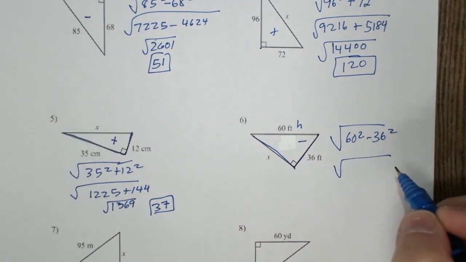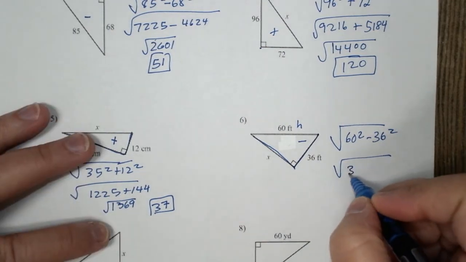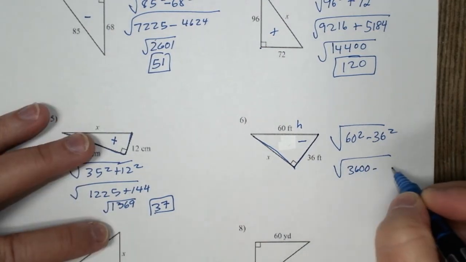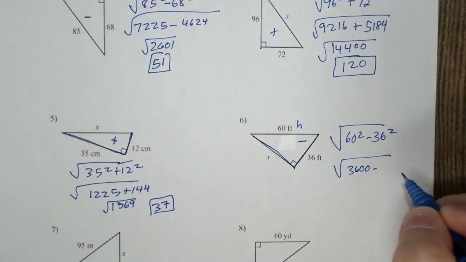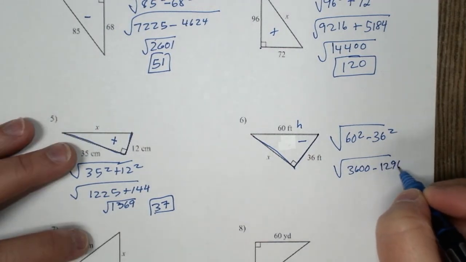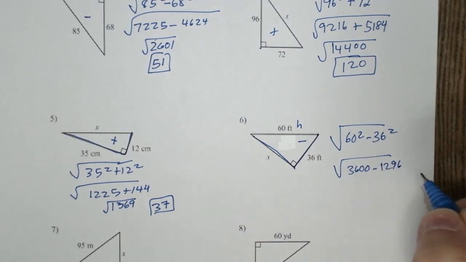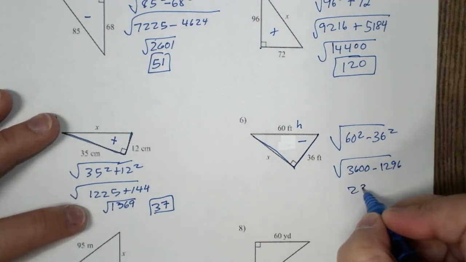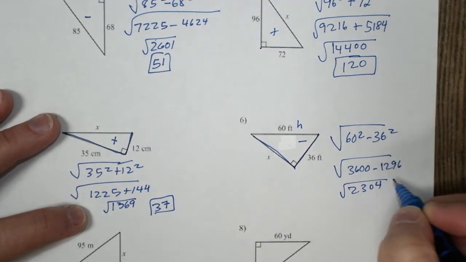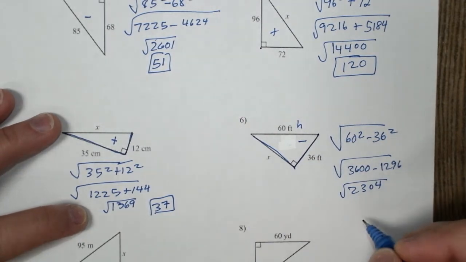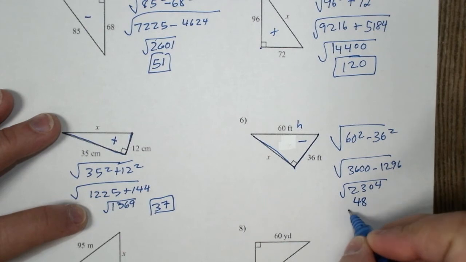Which is 3,600 minus, and that is 2304. Make sure you take a square root, and that is 48.